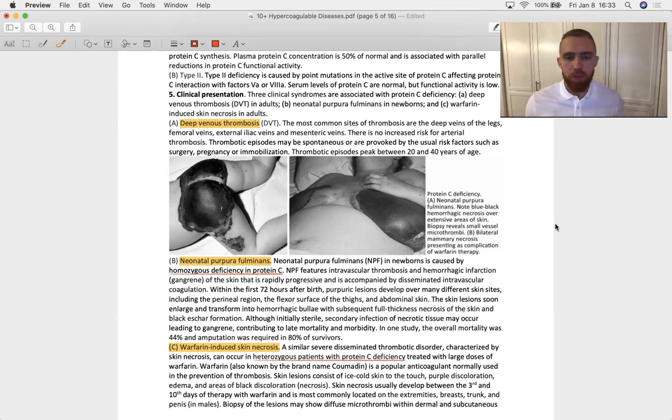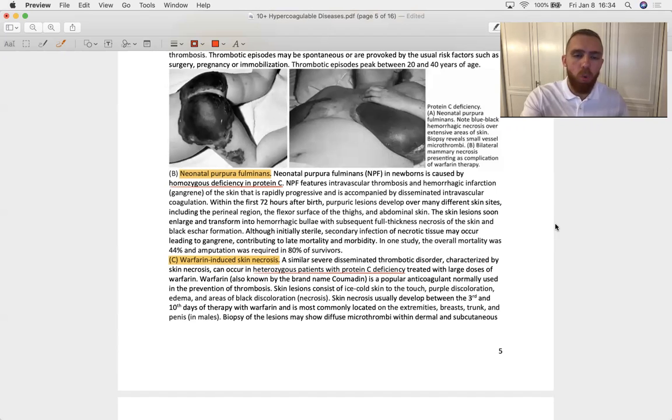More particular to protein C and protein S deficiency are going to be two different things. First, neonate purpura fulminans. So when the kid's born, they immediately, fulminantly get purpura, which is going to be a widespread purple-red rash. And this purpura is going to degrade into a black eschar of necrotic tissue.